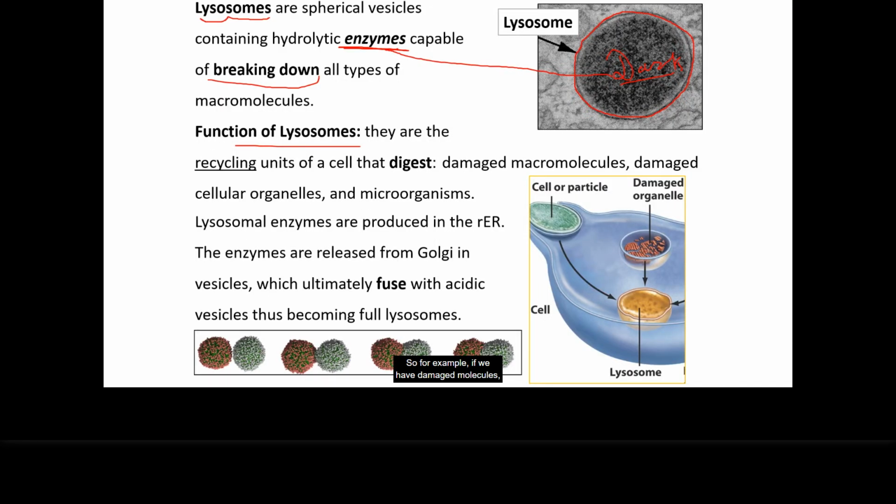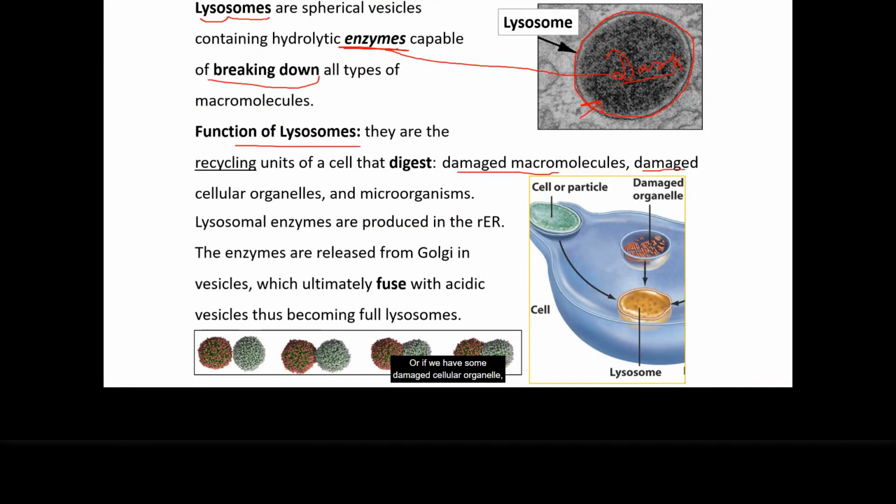For example, if we have damaged molecules, the lysosome will absorb these damaged molecules. These enzymes will break them down and pieces will be released so cells can synthesize new molecules.